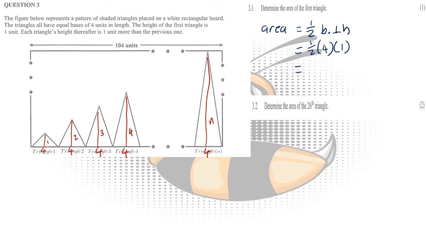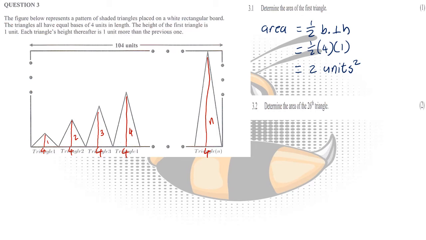Therefore, if we punch this into our calculator, we get that the area for this first triangle would just be 2 units squared. The unit squared in this case is important because remember, we're working with area. We need to specify the unit that we are working with. And then that was about it for question 3.1.